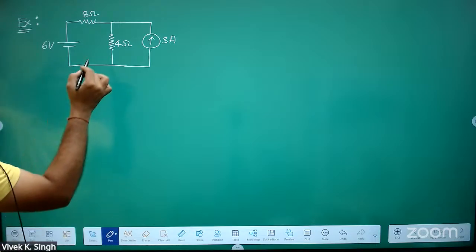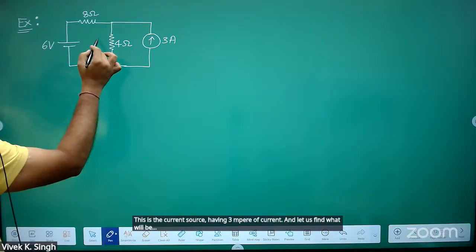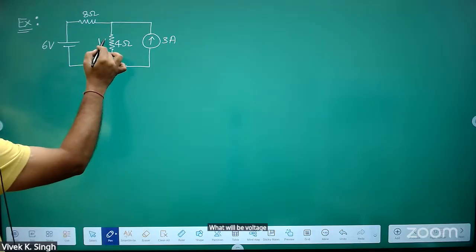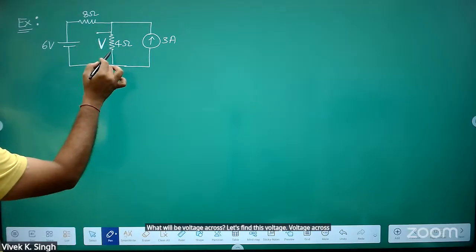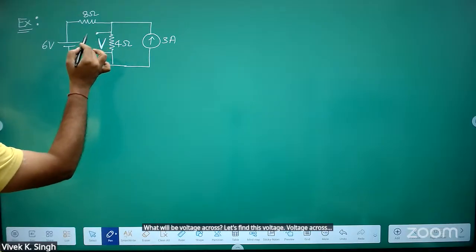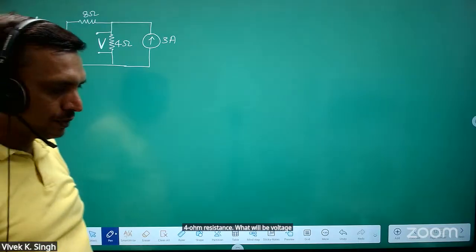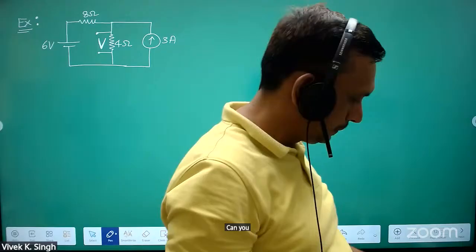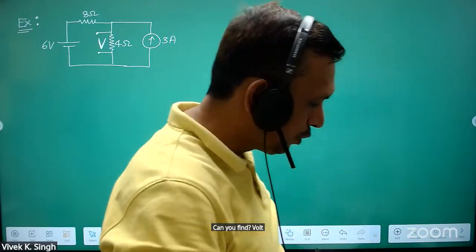And let us find what will be the voltage across the 4 ohm resistance. Can you find the voltage across the 4 ohm resistance?